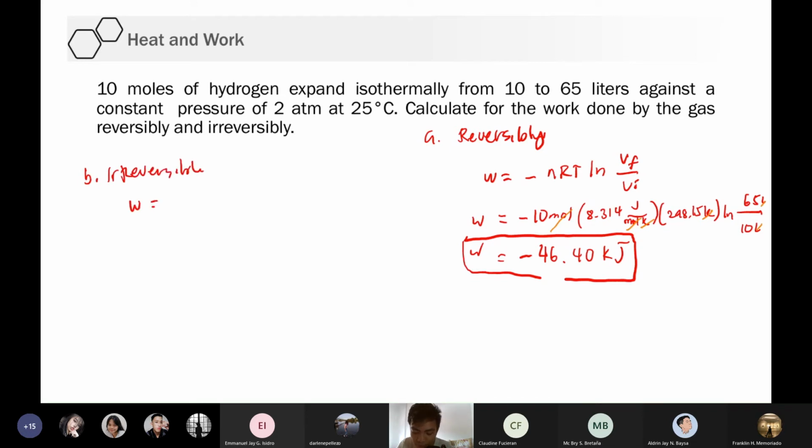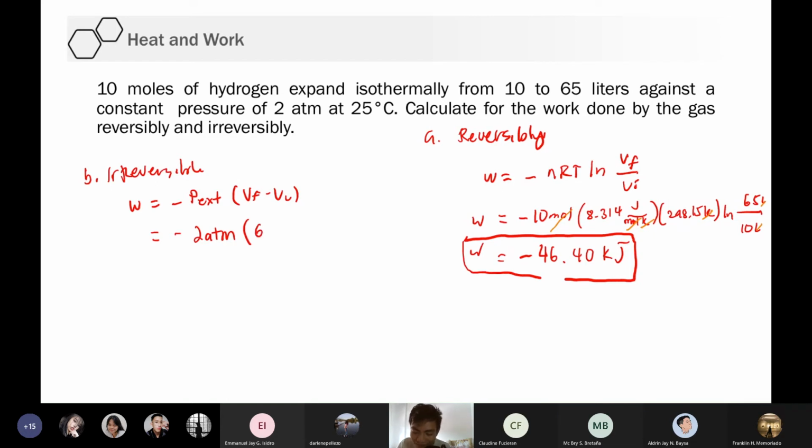Okay. So, W equals negative P external Vf minus Vi. Delta V. Sabi natin, yung final pressure ay 2 atm. Ang final volume ay nabura ko kasi yung given, hindi ko tuloy makita agad.